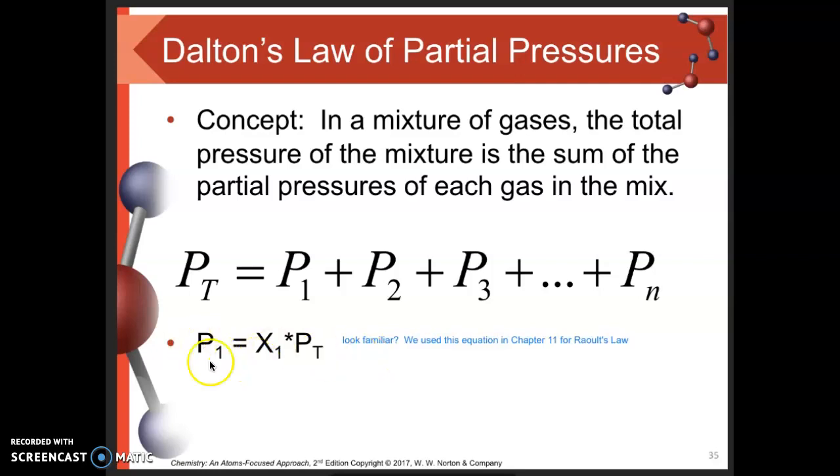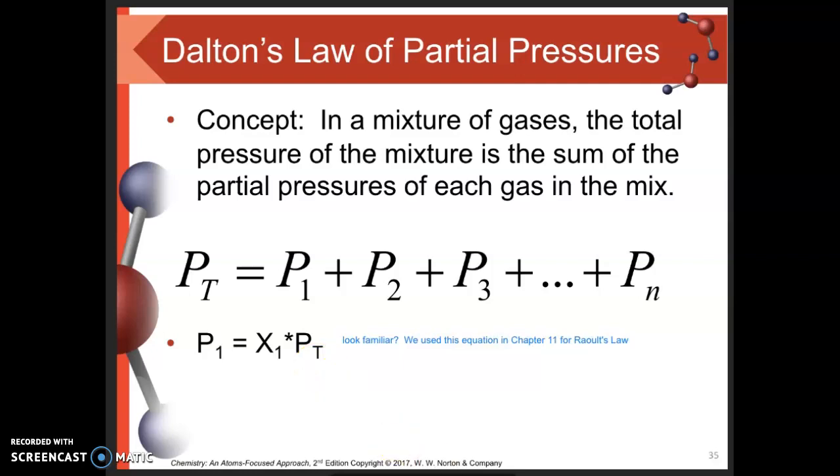Now, this equation should look familiar to you because it's a variant on Raoult's law, vapor pressure lowering. Mole fraction times pressure gives us the pressure of a component in this case, and Raoult's law told us how much our vapor pressure had decreased.